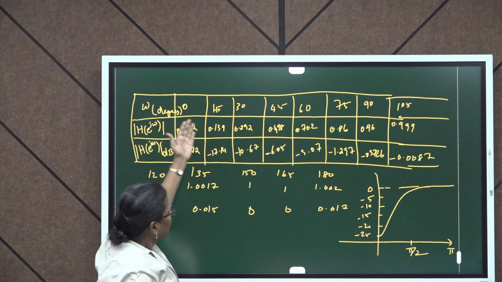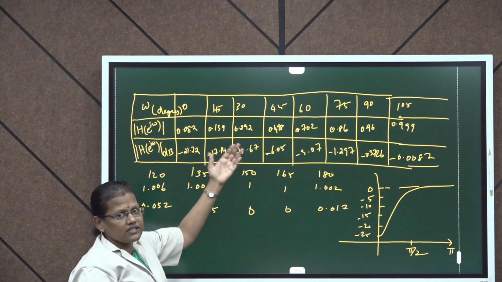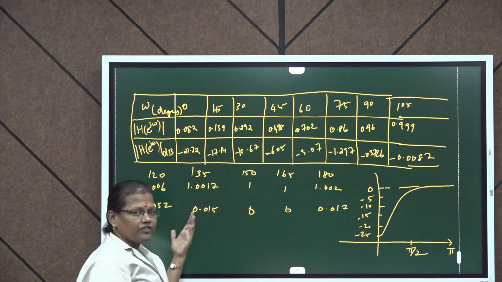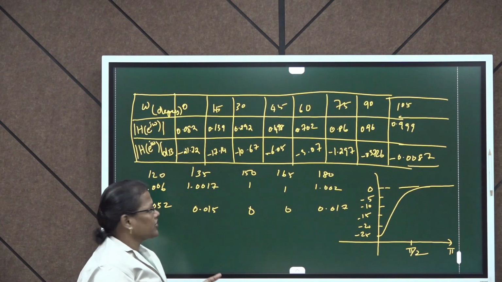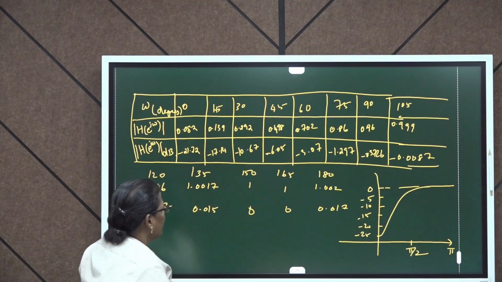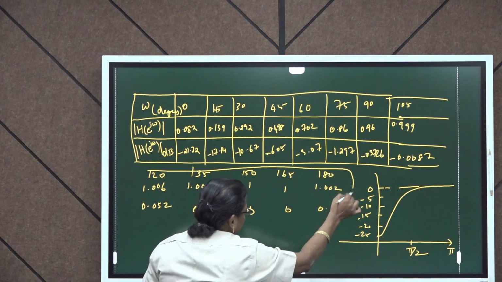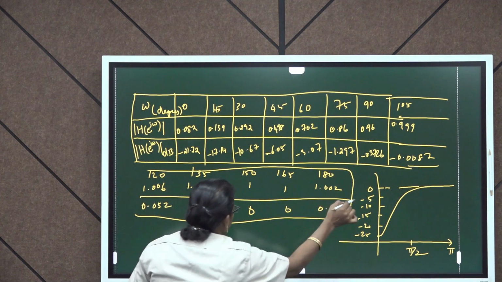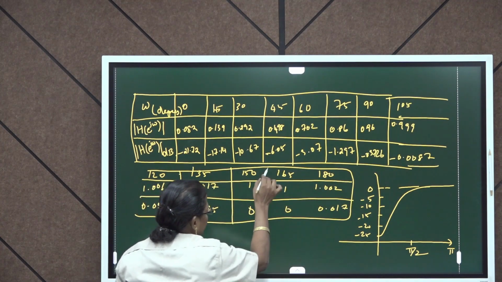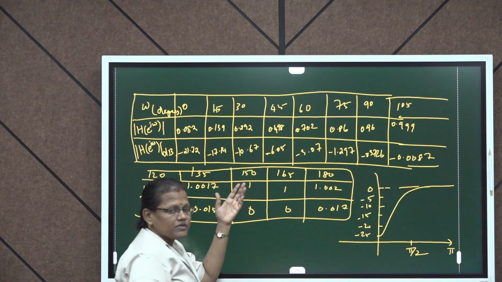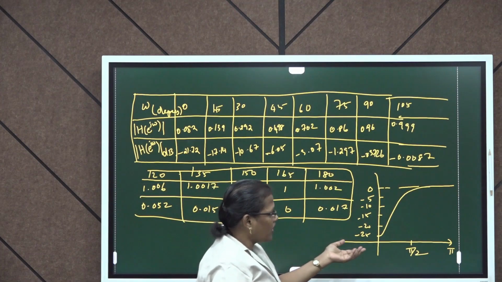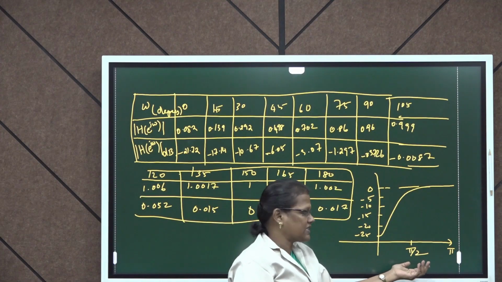You can take different values of omega in degrees, 0, 10, 20, etc., or 0, 20, 30, or 0, 15, 30, 45, it's our choice. By substituting different values of omega, we get the frequency response values, magnitude values. In terms of dB also we calculated. So we have to draw the magnitude response graph.